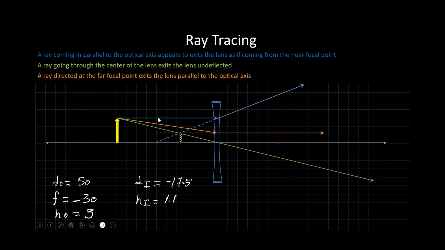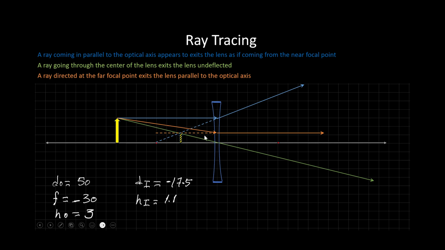That's how we draw the rays. Again, very important: a ray coming in parallel will appear to leave or diverge from the optical axis as if it came from the near focal point. A ray coming in, wanting to go through the far focal point, is interrupted by the lens, and it leaves the lens parallel to the optical axis.